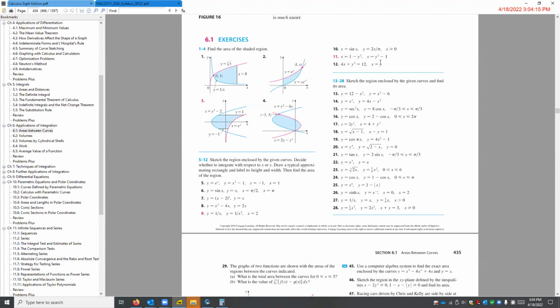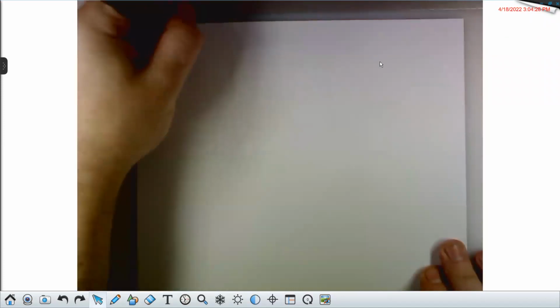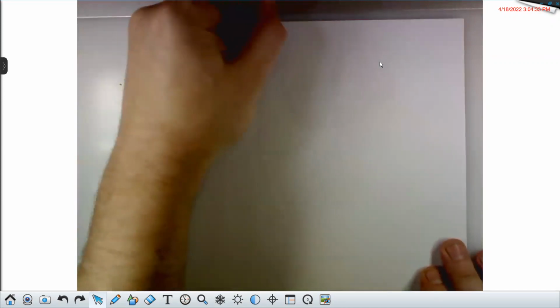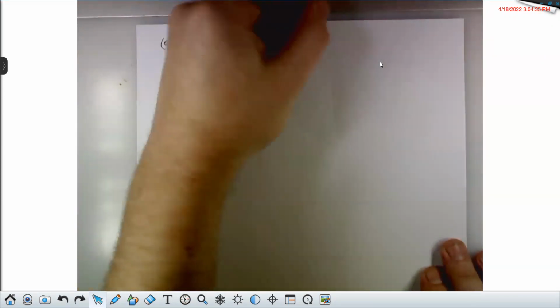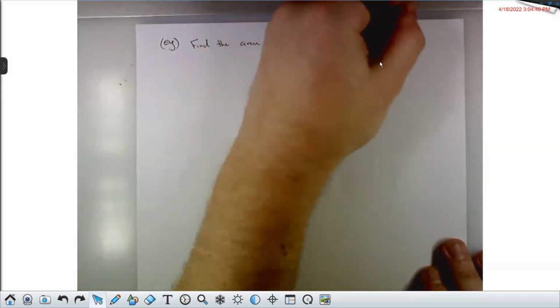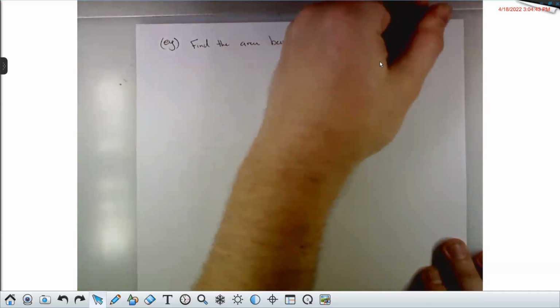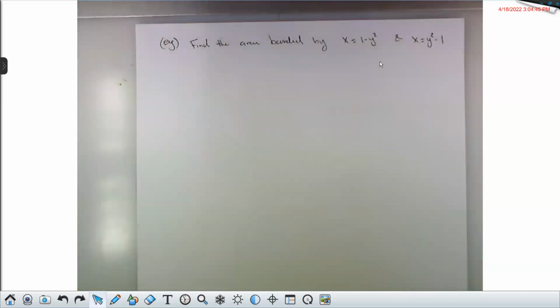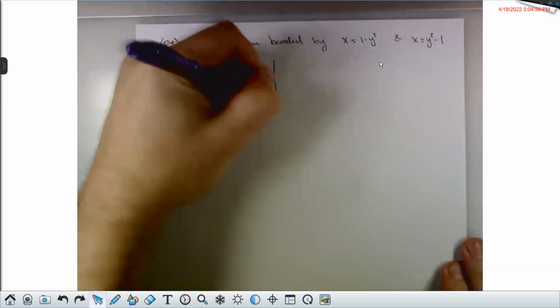So we've got the two curves, x equals 1 minus y squared and x equals y squared minus 1. Some nice symmetry there. So again, I need to begin with a graph.